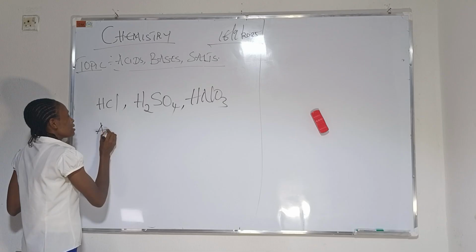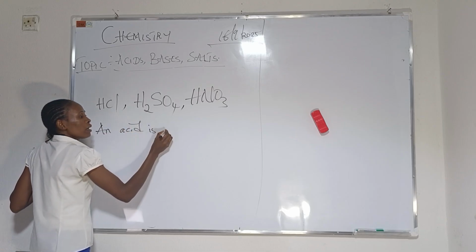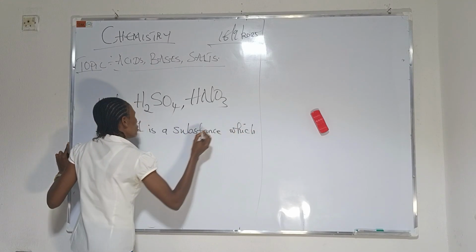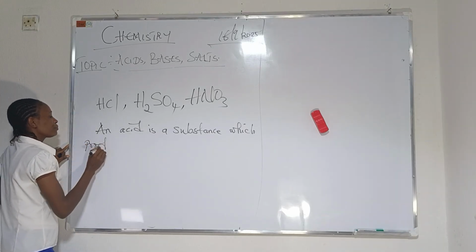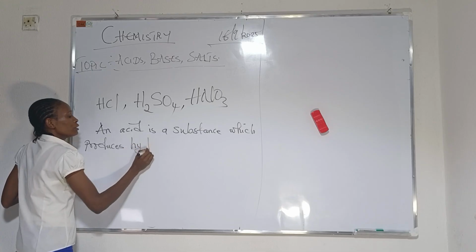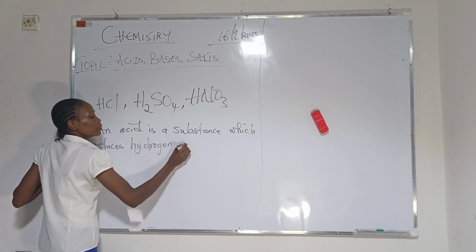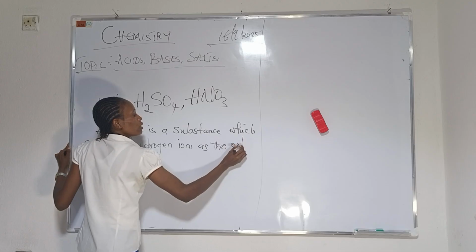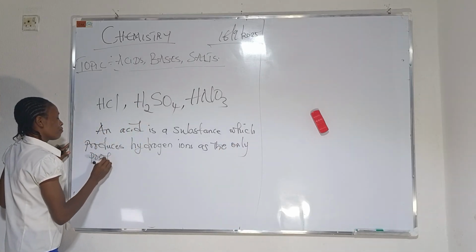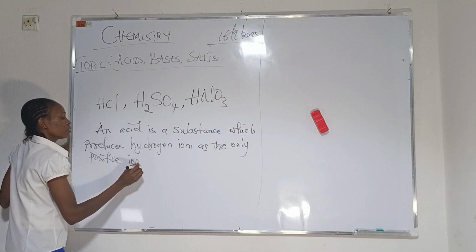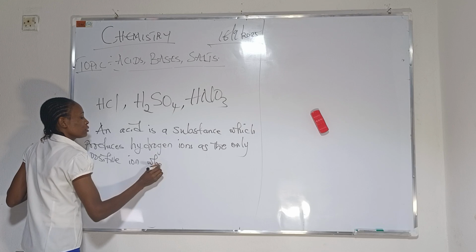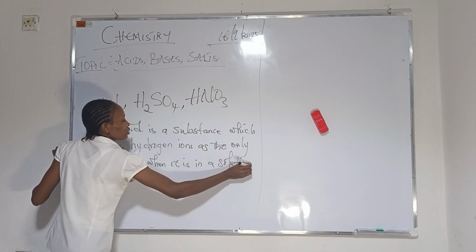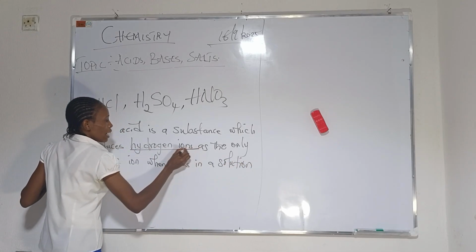I say an acid is a substance which produces hydrogen ion as the only positive ion when it is in a solution. This is the key word, hydrogen ion.